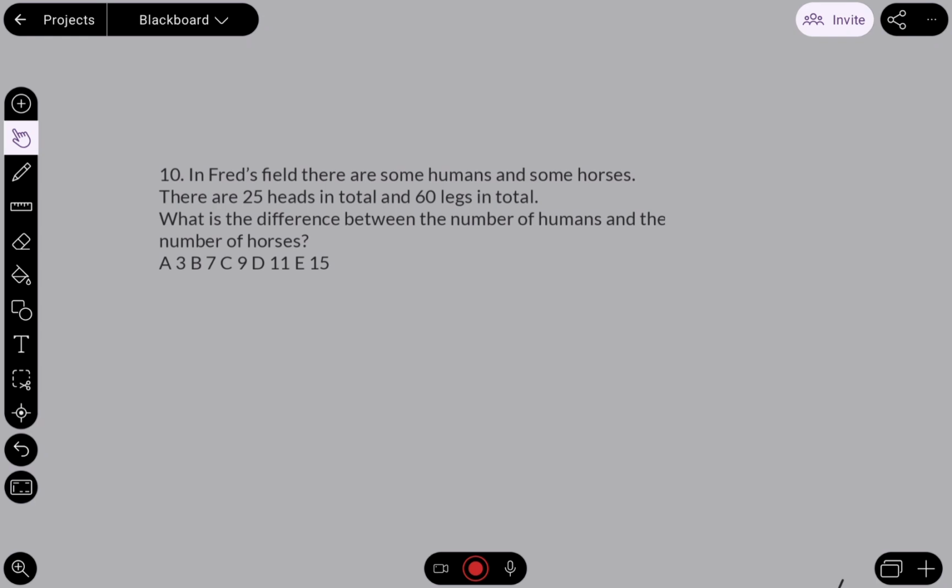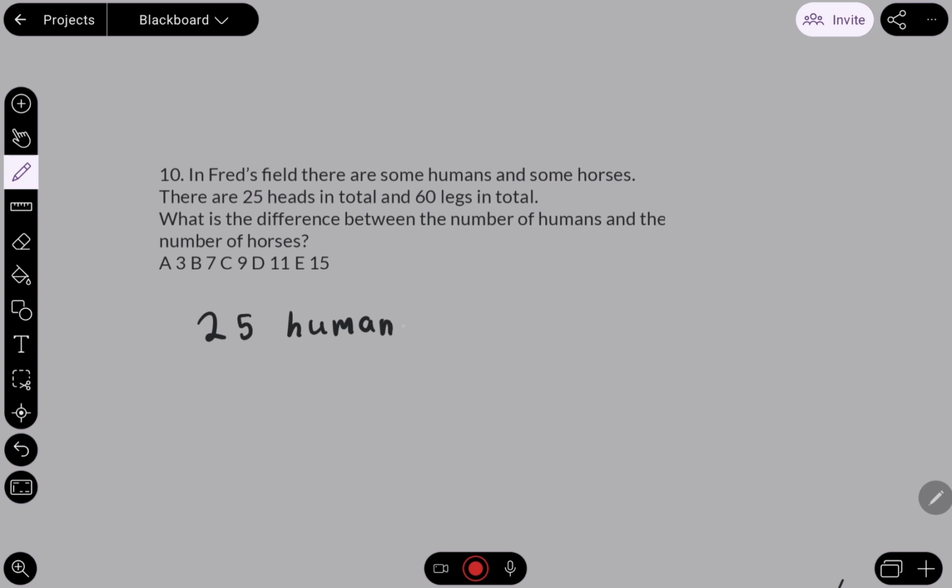And 60 legs. Now, a human has 2 legs and a horse has 4 legs, right? So, let's make a hypothetical scenario that there are 25 humans.